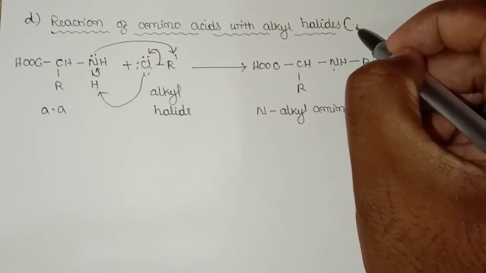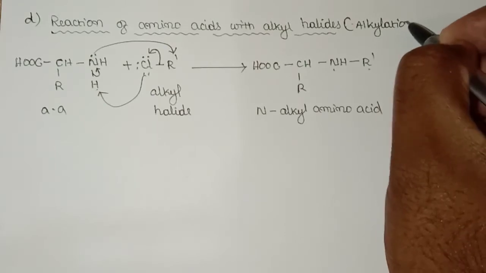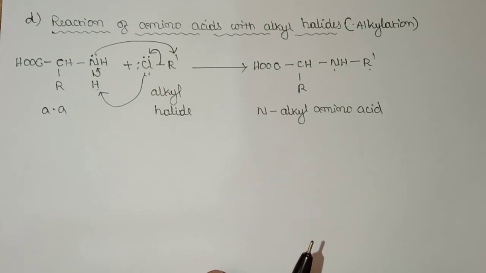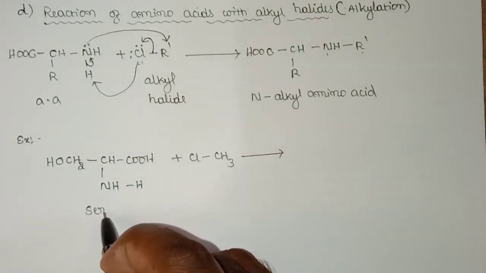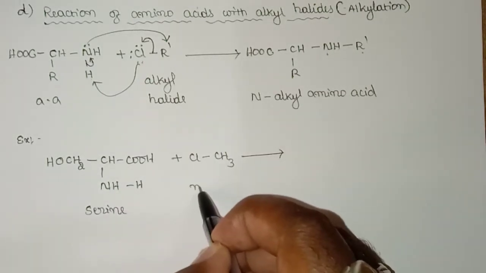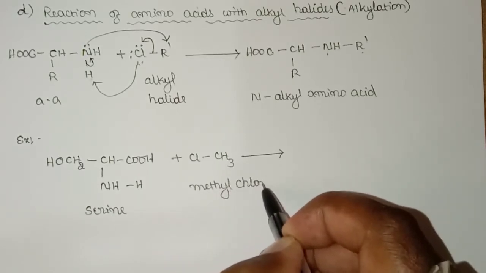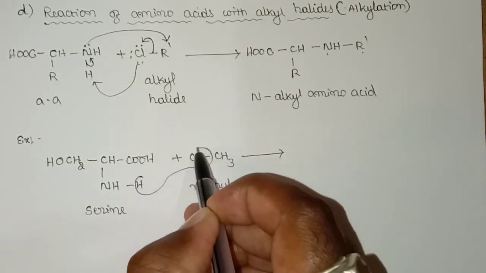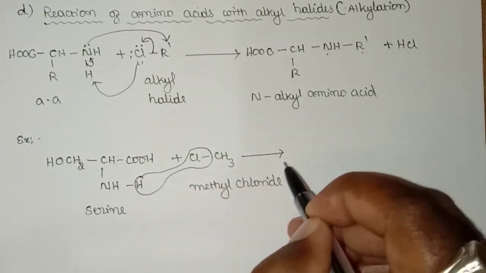This is the material which is going to be produced when amino acid is made to react with alkyl halide. Clearly we can say it is the process of alkylation of amino acids. Now we shall look over one small illustration by considering one simple example. Here I have taken the example of a reaction of serine with methyl chloride, or simply we can call it chloromethane, right? So when you react these two materials, same thing, the H and Cl will combine, and that results in the elimination of HCl.